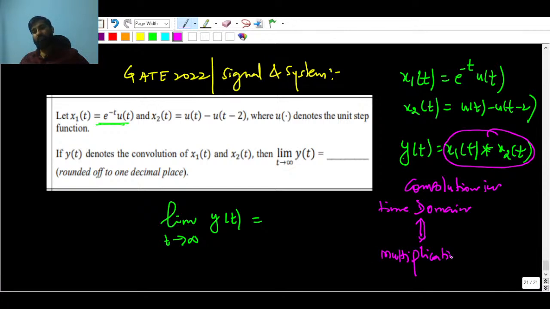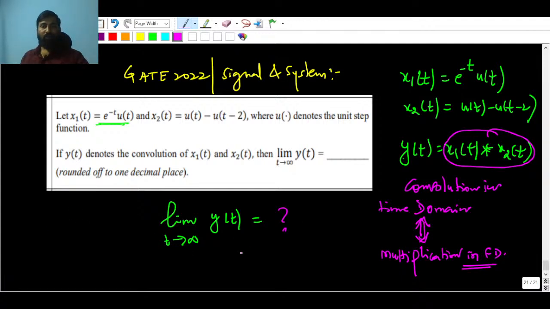Convolution in the time domain corresponds to multiplication in the frequency domain. So we will take the Laplace transform of x1 and x2, that is X1(s) into X2(s). Then we can use the final value theorem.